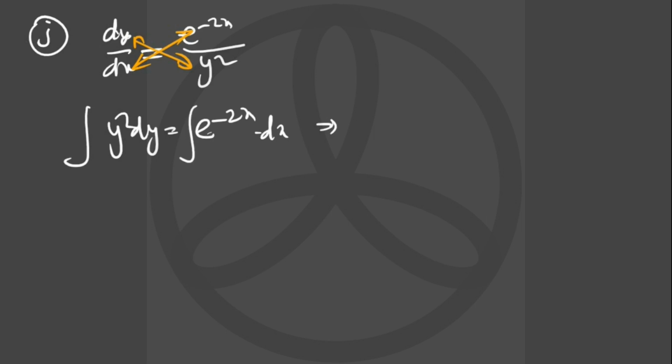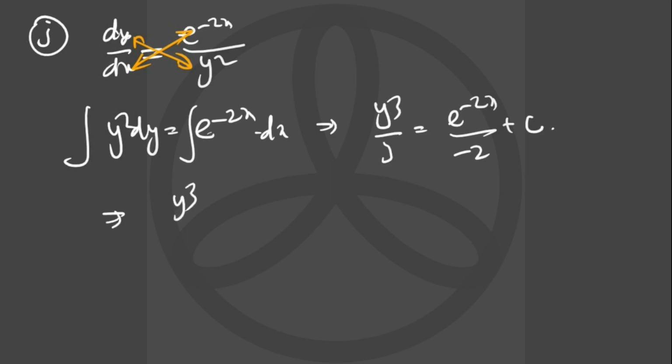Apply integration sign here, y cubed over 3 is equal to e to the power minus 2x divided by minus 2 plus a constant of integration c, and this will become nothing but y cubed over 3 plus e to the power minus 2x over 2 is equal to c. Okay, this will be the answer, friends.